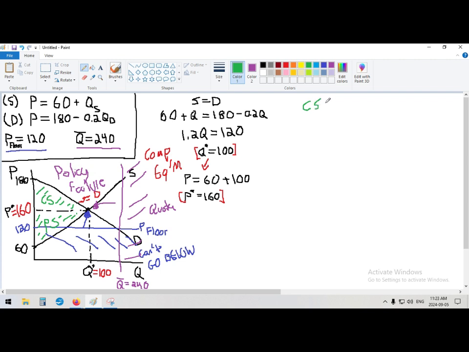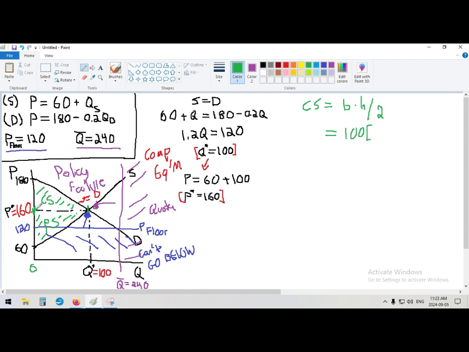So consumer surplus is base times height divided by 2 for a triangle. For the consumer surplus, we're going from here to here, so it'll be 0 to 100. So we have 100 for the base.